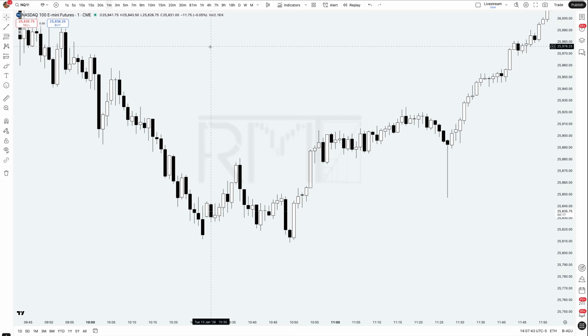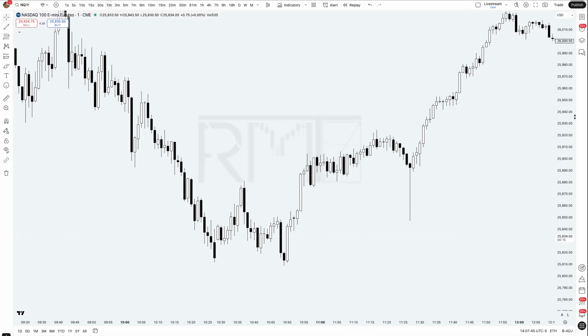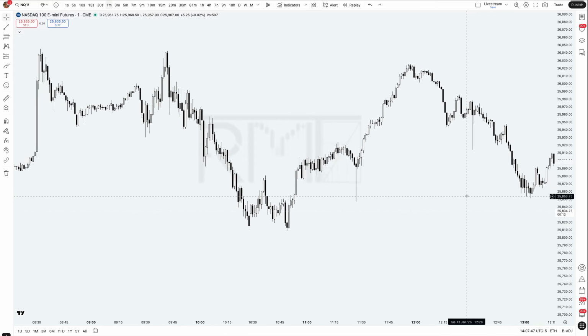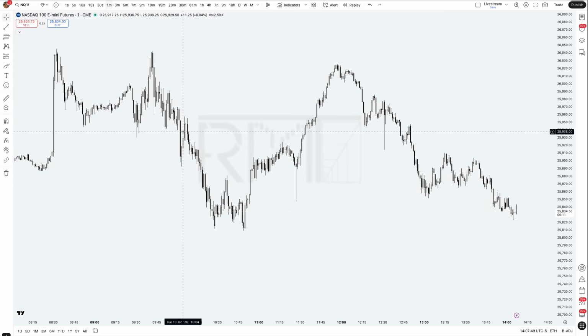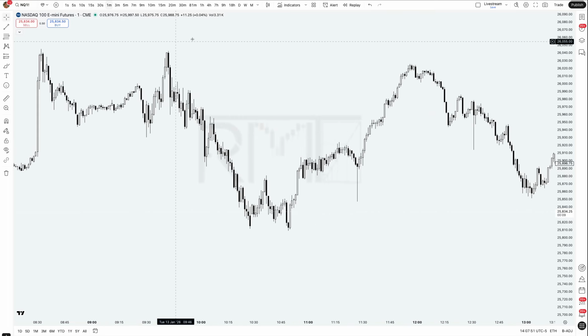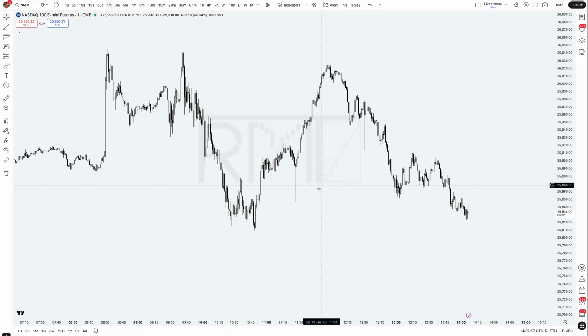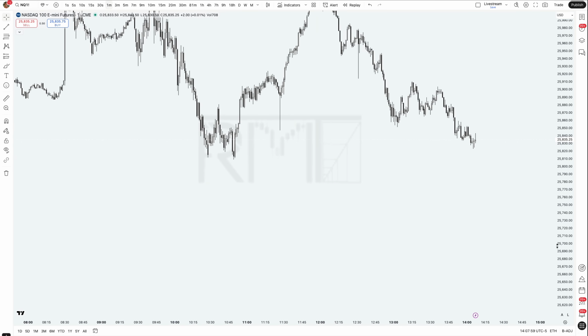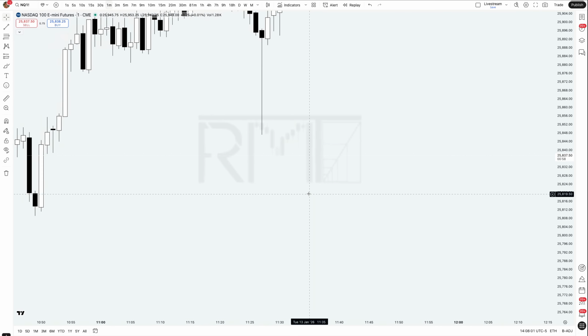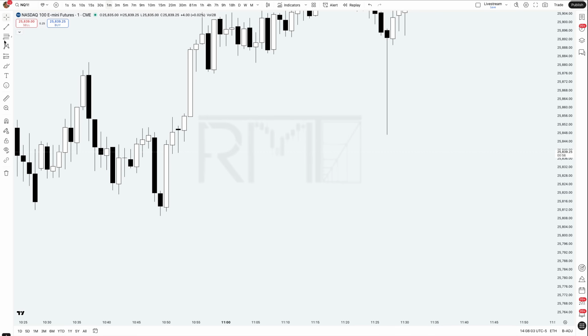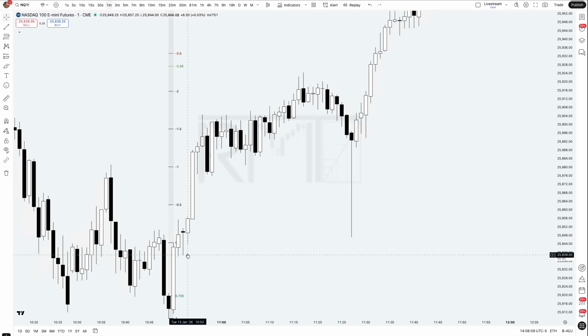But what people ask me, and where they have some difficulty, is: okay, it's easy to see what was the swing high or the swing low after the price prints all the candles. For example, here we can clearly see that was the swing low, and according to the rule that I just said, that's not a doji candle. So I measure the low to the next opposite color candle high.